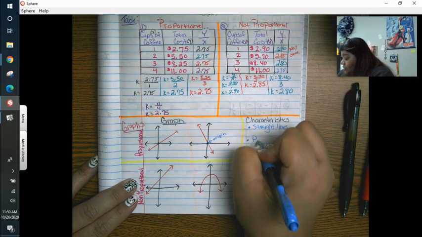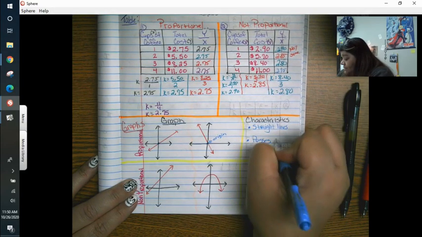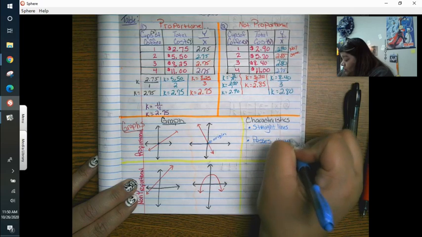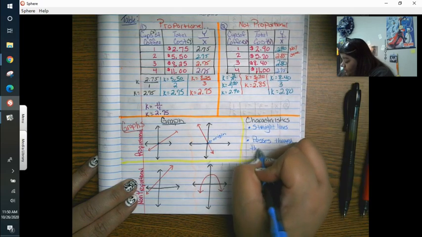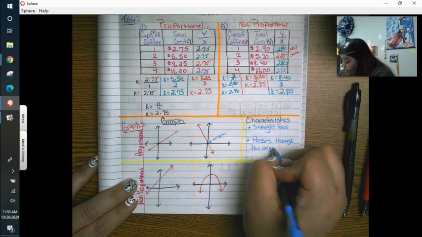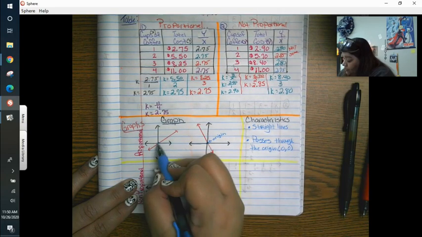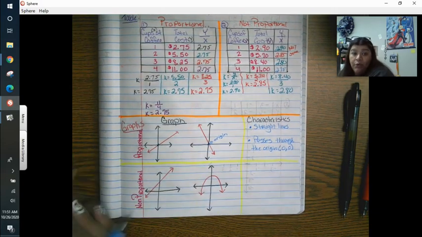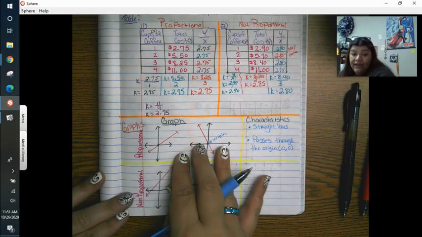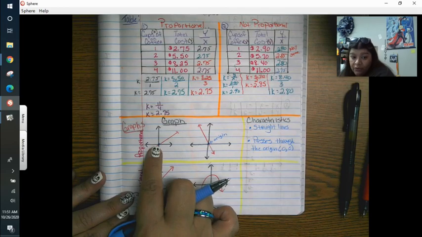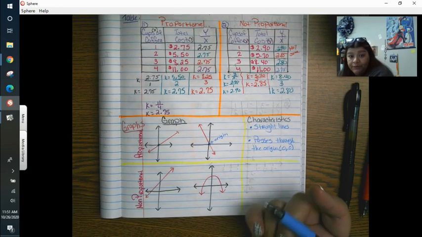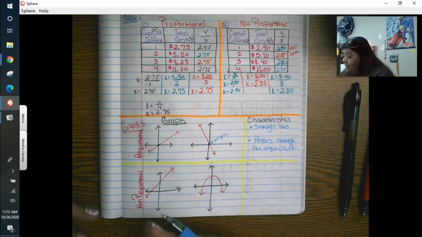It passes through the origin, which is 0, 0. So it does pass right through there. That is how you know it is proportional, okay? So if you see a graph like this, it's a straight line, it goes right through the origin, then it's proportional, okay? You don't have to do any dividing, you can just look at it.